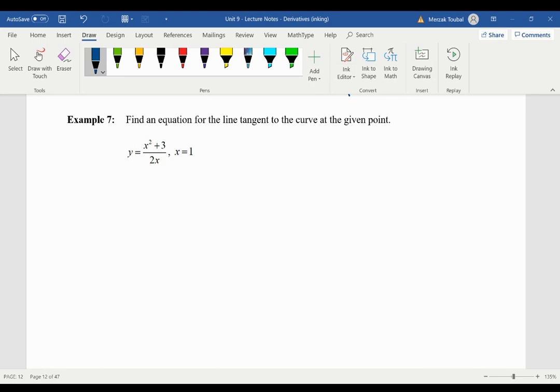So if we need to write the equation of the tangent line, then we need two things. We need the slope and we need the point on the line. The slope is a derivative. So let's find y prime and then we'll plug in a 1 for x. So y prime equals the derivative of x squared plus 3 over 2x.